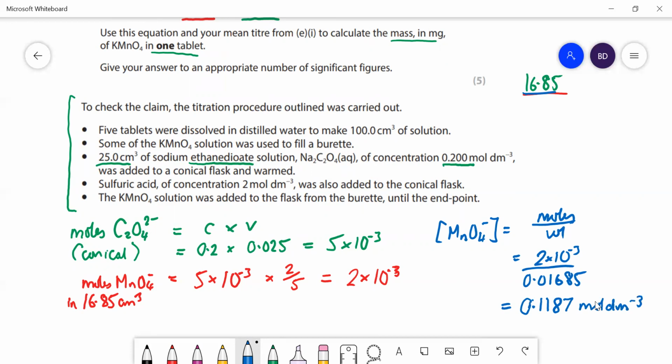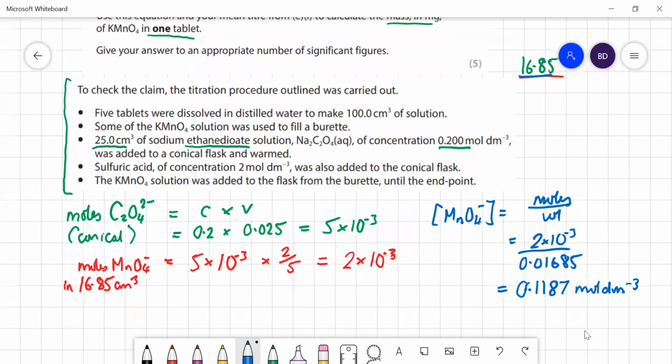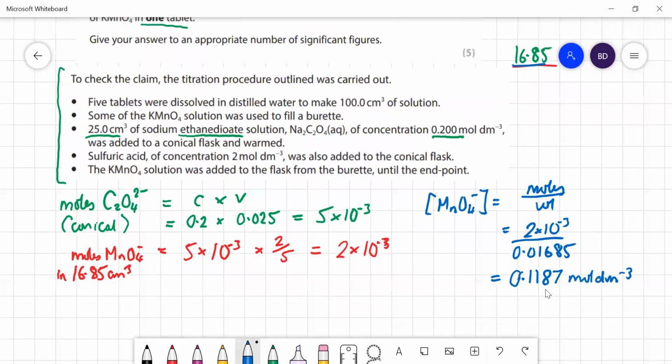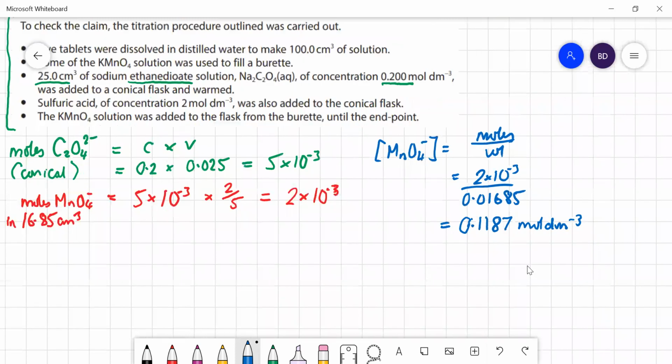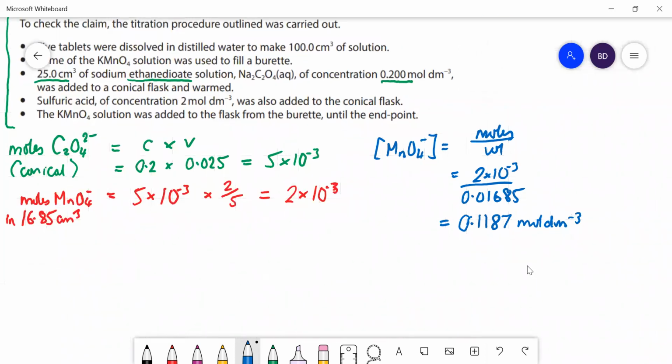Okay, so we've got a concentration of our manganate there. Now, we made 100 centimeters cubed, so that was the total. So we will work out the total moles of manganate.